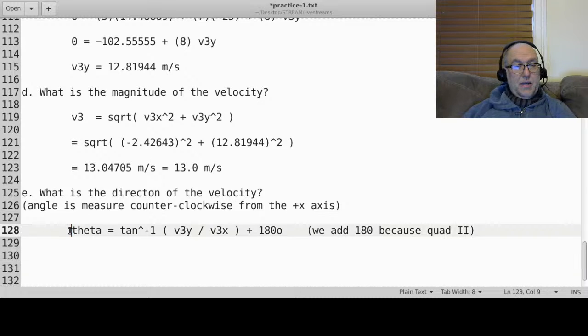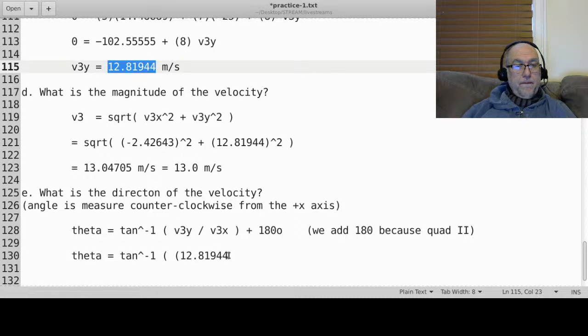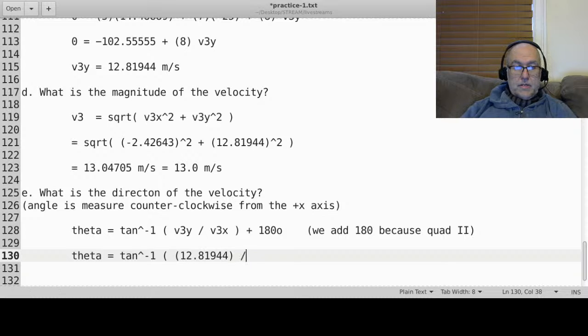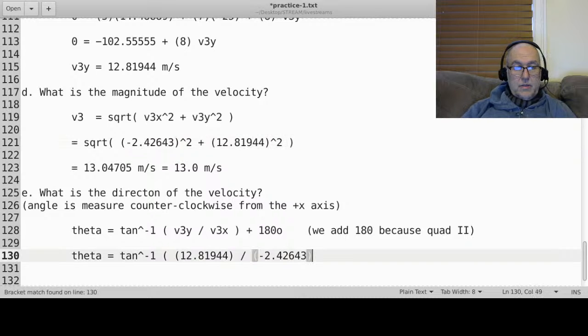And that's going to give me the y component here divided by the x component here, plus the 180 degrees.